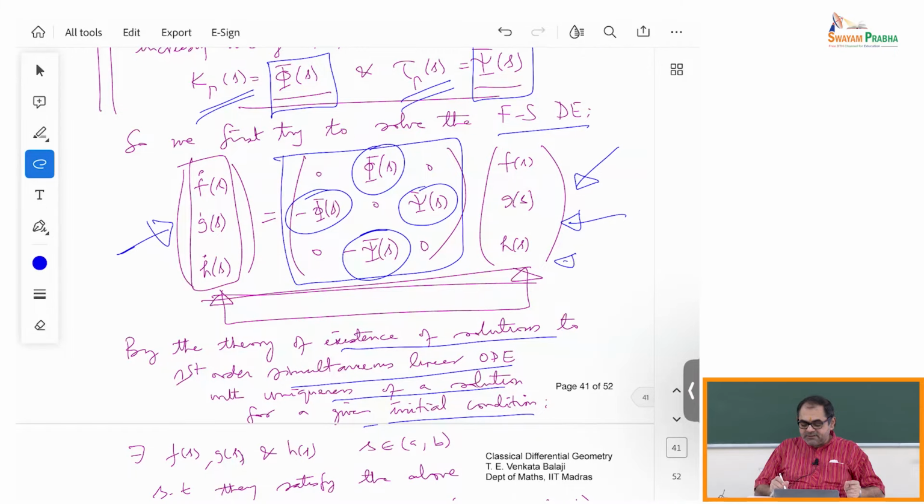But if you want a particular curve, basically you want a particular solution of this differential equation. You must understand that you should see this differential equation in two ways. If you think of it as a differential equation for the Frenet-Serret frame of the curve, then it is a first order linear homogeneous simultaneous system of differential equations.